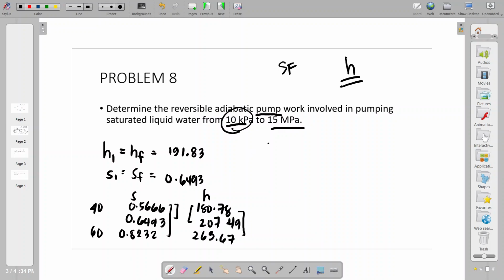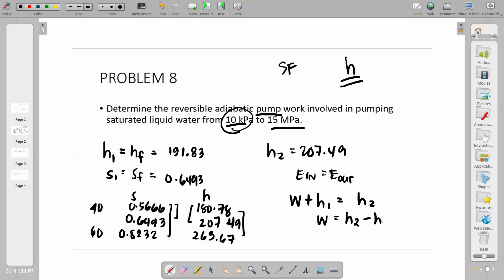Ayan. So, yun yung H2 natin. So, pwede na nating isolve yung work. Okay? Tandaan nyo lang, energy in is equals to energy out. Ang work sa pump ay pag nagpa-pump ka paloob. So, energy in. Magpapasok ka ng work. Okay? So, work is equals to H2 minus H1.